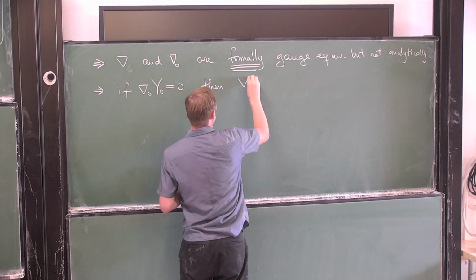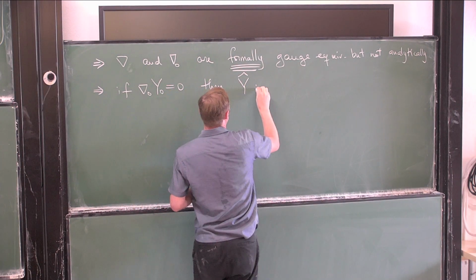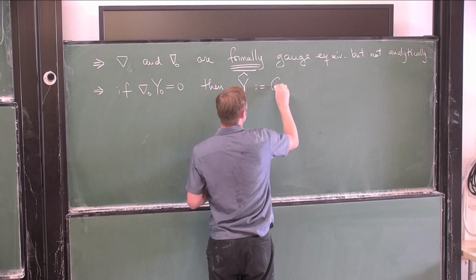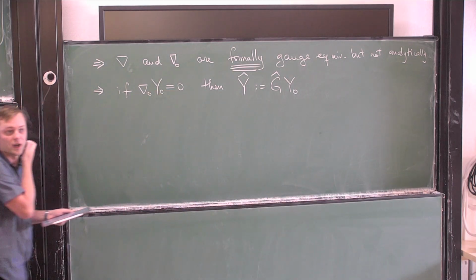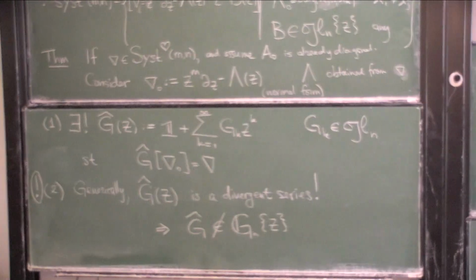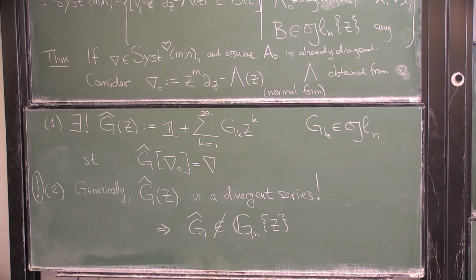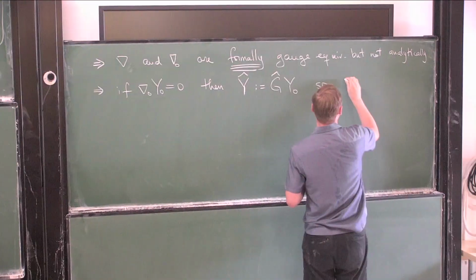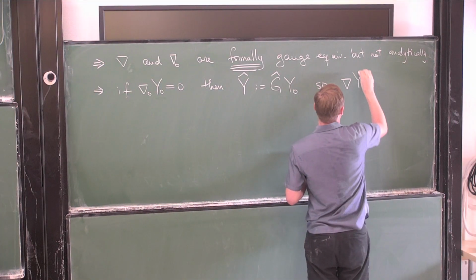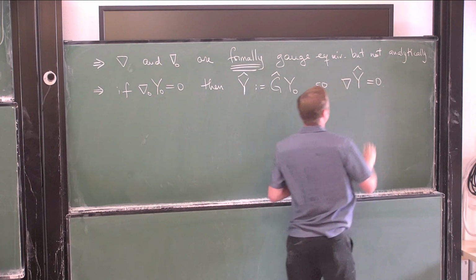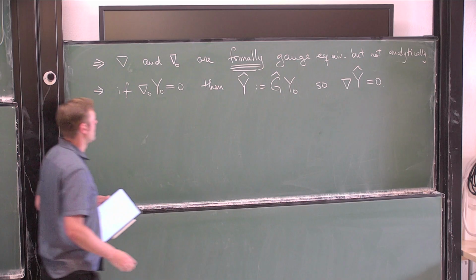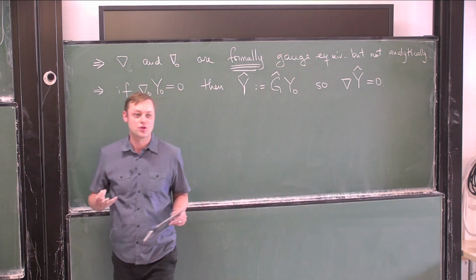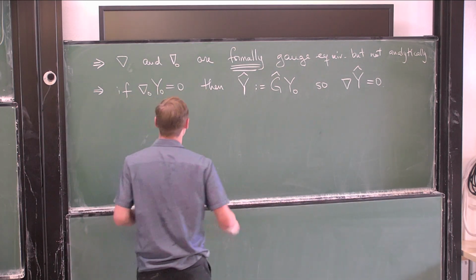That means I can define a y hat, which is just g times y naught. And this y hat does get killed by nabla. But this y hat is not an analytic solution. It has zero radius of convergence.